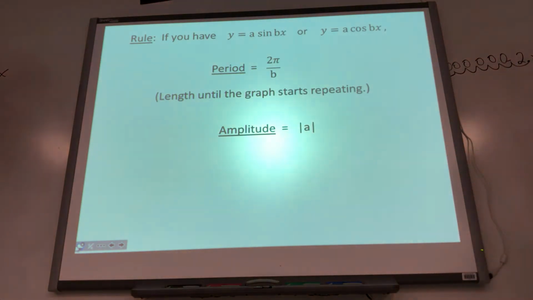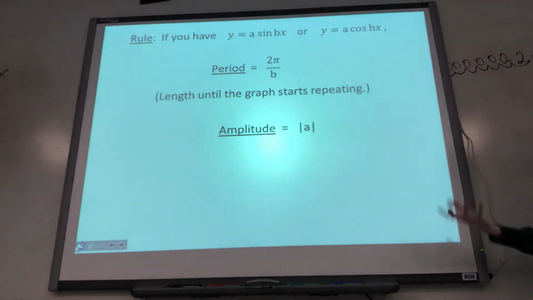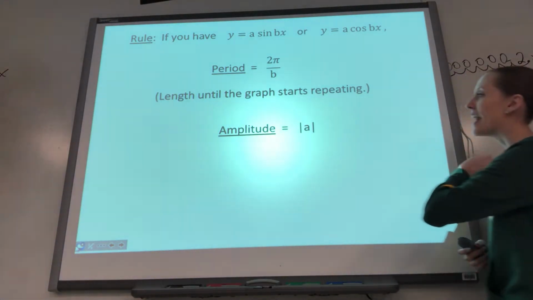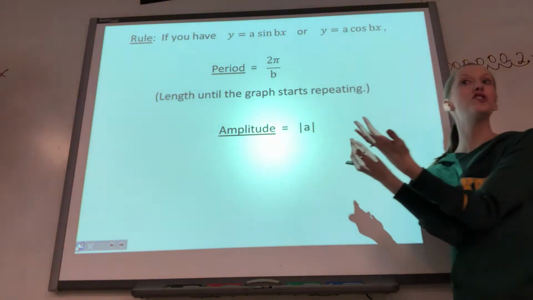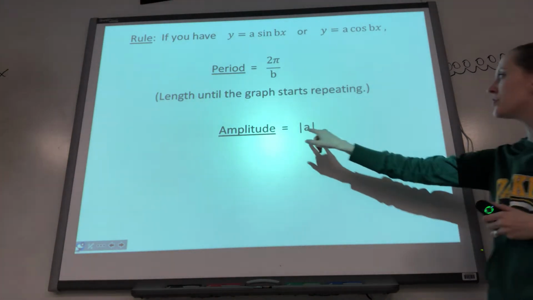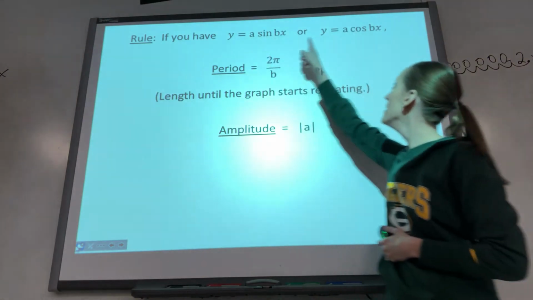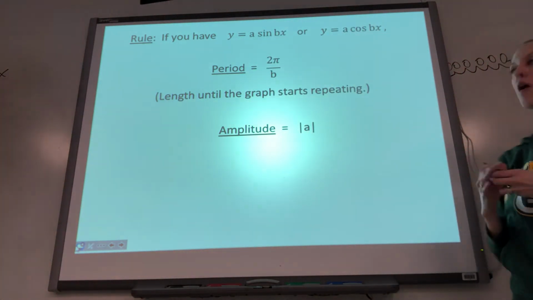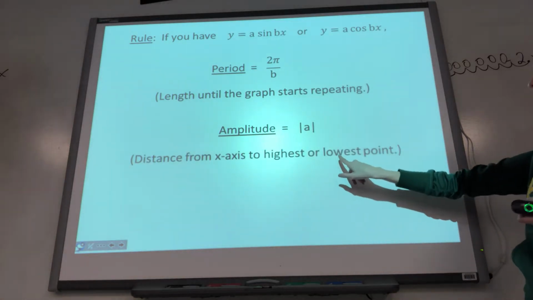This will also help us. I'm not sure that I've even really mentioned this term to you yet, but there's something else that you can find out about a graph before you even graph it, and that is the amplitude. Now what I have right here is basically just the formula for the amplitude. It's absolute value of A. A is the number out front, so take the absolute value of that, and that is the amplitude.